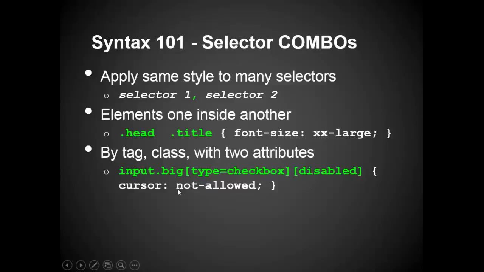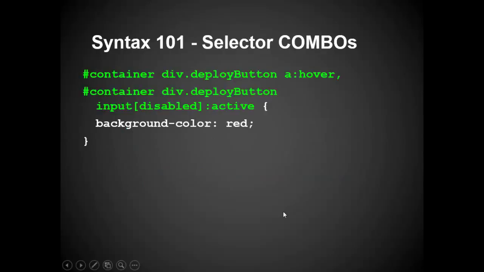Meaning we are going to select all inputs that have the class big, that are of the type checkbox, and that are disabled. What about this one? Can you understand what we are doing here? If not, try to read it yourself first.